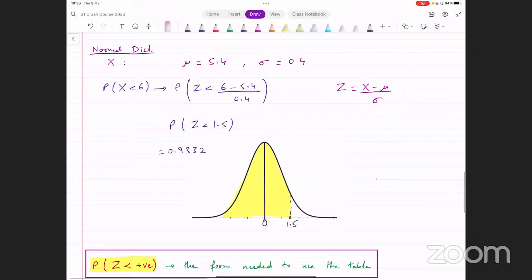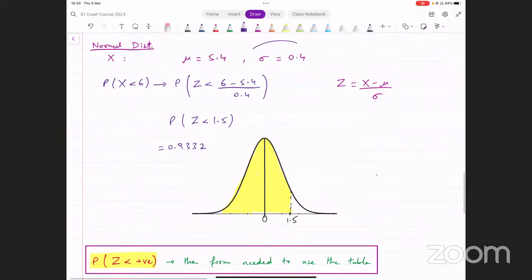For instance, we talked about this particular example: if we have a normal distribution in which a variable x has a mean of 5.4 and standard deviation of 0.4, and we want to find a specific probability, for example, the probability of x being less than 6, how do we find that? The first thing we do is convert x to z using this formula.